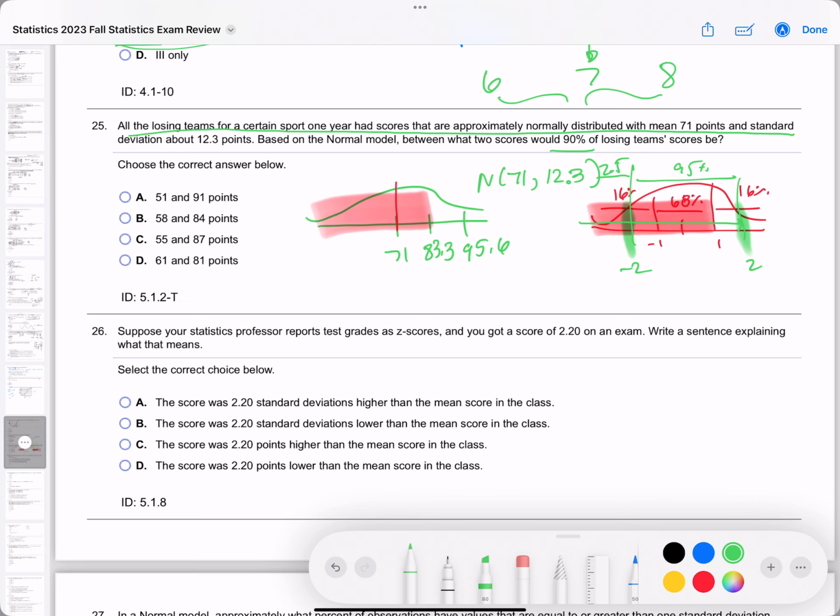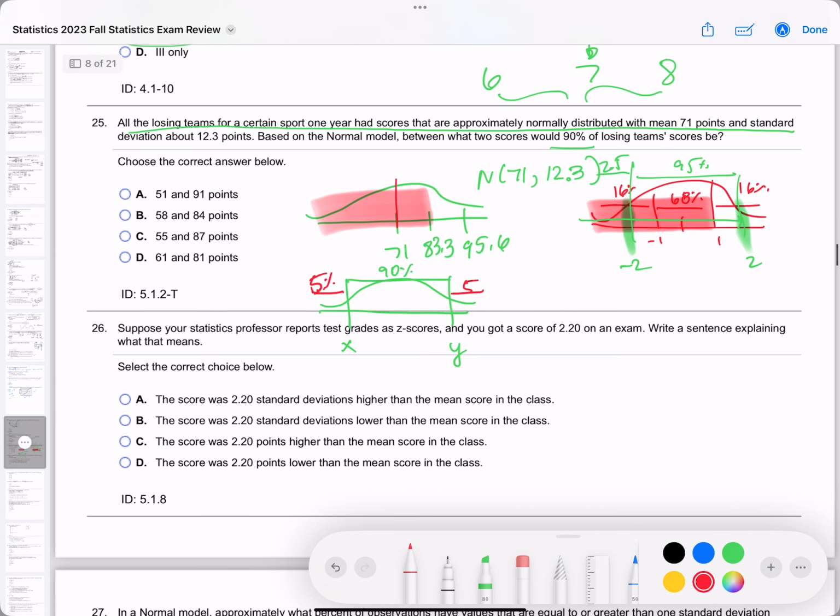So that's the center 90%. So let's redraw, sorry. It's wanting the center 90% of teams, so it's wanting this value and this value. For the center 90% of the teams, that's at 5%, because you can see 5 plus 5 plus 90 is equal to 100. So we're still doing the same thing. I just drew it wrong because the way I read it was what's the 90% time.